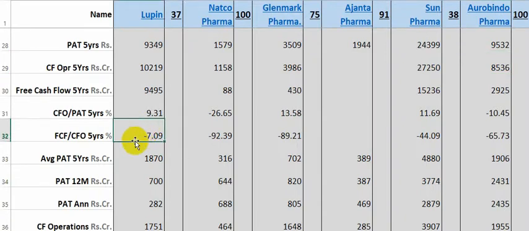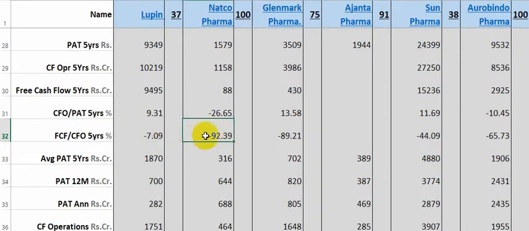Here we see that Lupin's free cash flow has fallen by just 7% from the cash it earned in operations. That is, 10,219 was the cash the company earned in the last 5 years. Out of that, it still has 9,495 CR as free cash flow. That is, it spent just 7% of this cash from operations. So we don't want to see a very high negative value of above 50%.